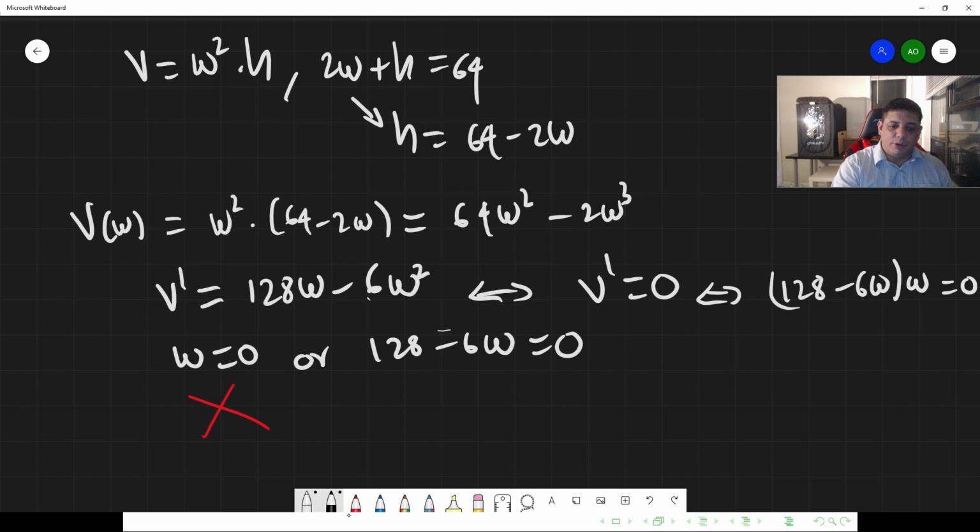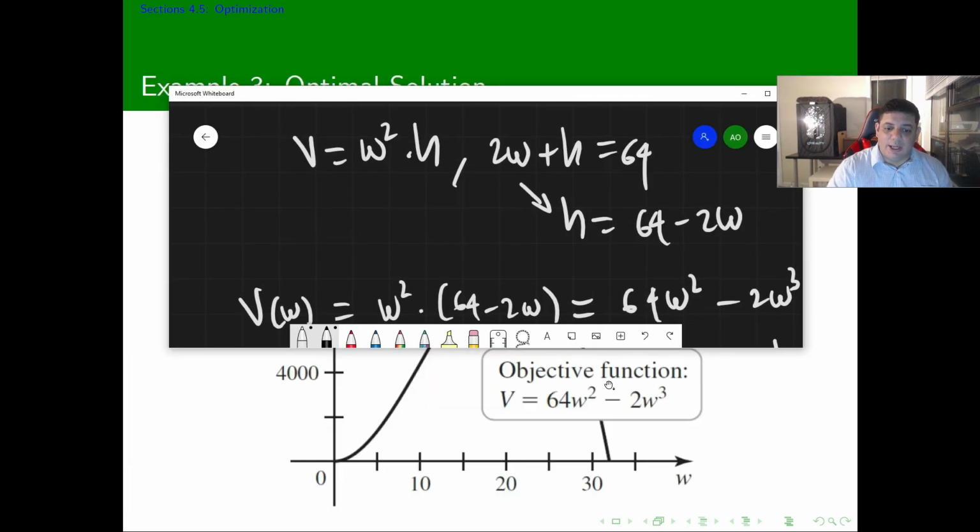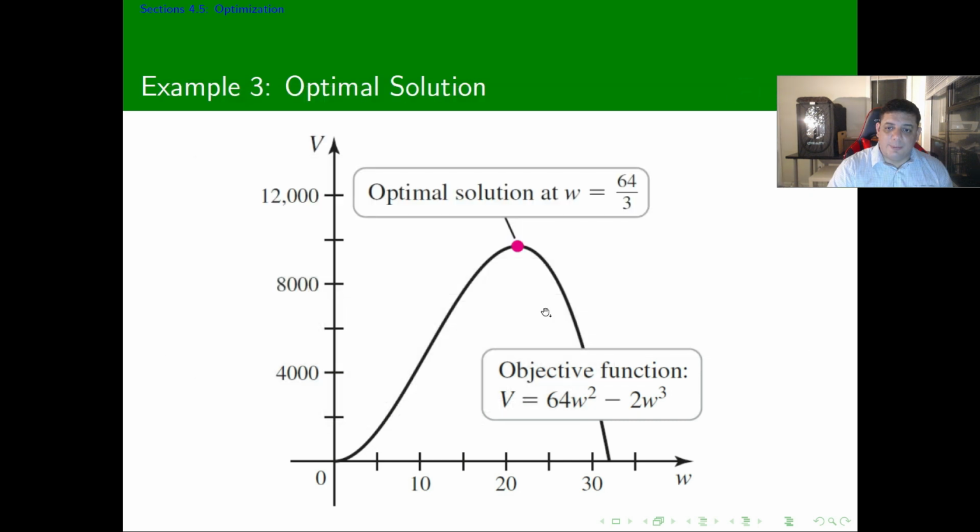So now we're just going to follow this direction, and we get 128 divided by 6 is W. If I take a second derivative, notice that the second derivative of this is going to be 128 minus 12W. Which, if we check what the critical point is, notice that the critical point is at 64 over 3, which is exactly the same as 128 over 6.